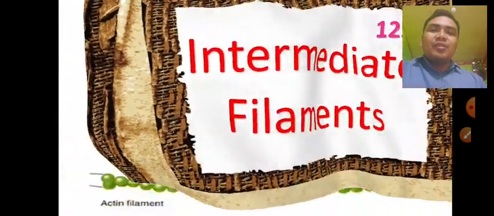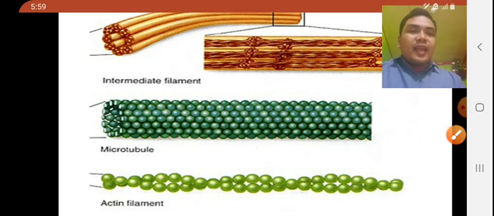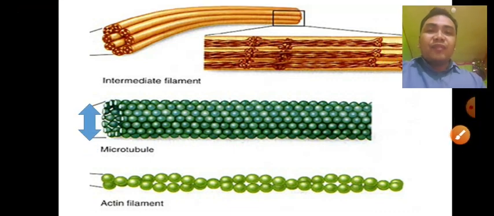So let's try to analyze the following illustrations in which we will compare the diameter of intermediate filament to the other types of cytoskeleton fibers. So again, we've learned already the concept of microtubules and microfilaments. In this case, we have the diameter of the microtubule as compared to the diameter of the actin filament.